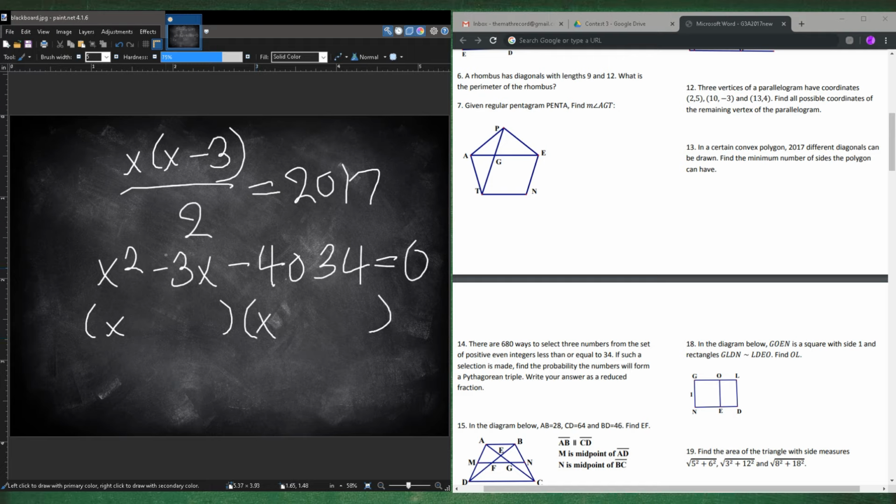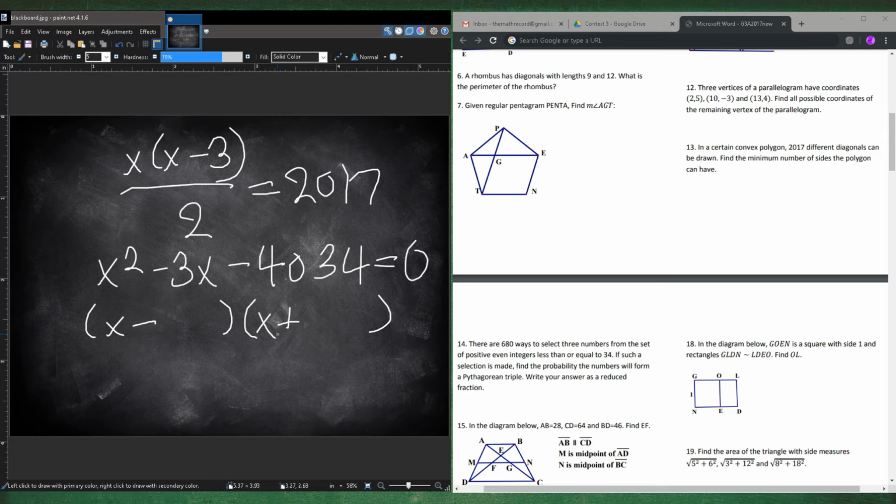One has to be minus and one has to be plus. So what does 2017 factor out to? Which is nothing. Wait, what? Oh, wait. Sorry. Calculator is not working as intended.